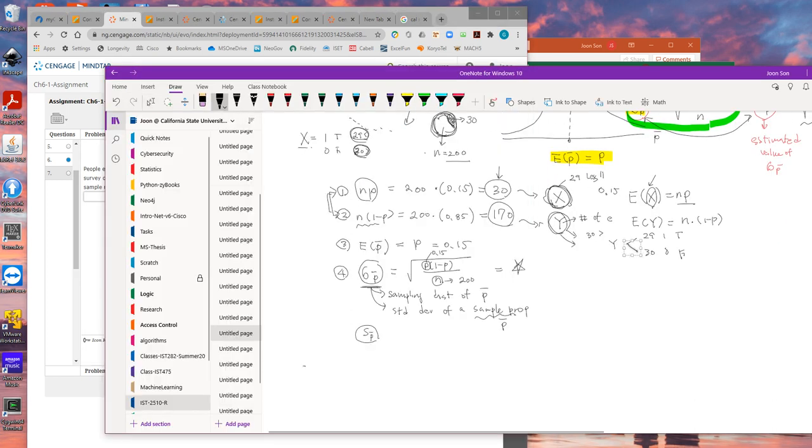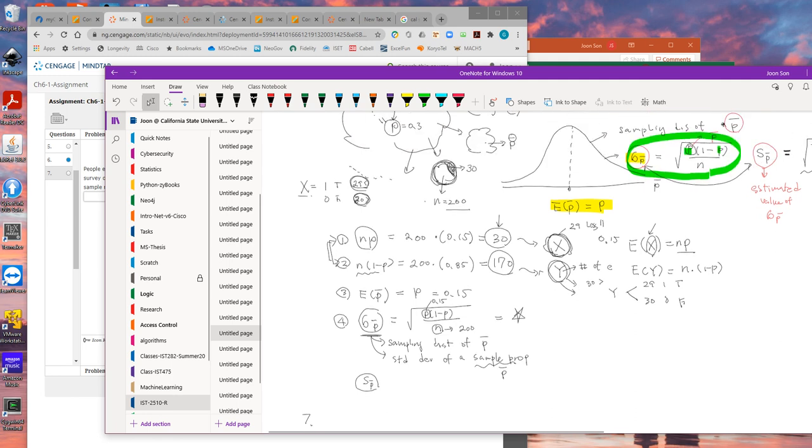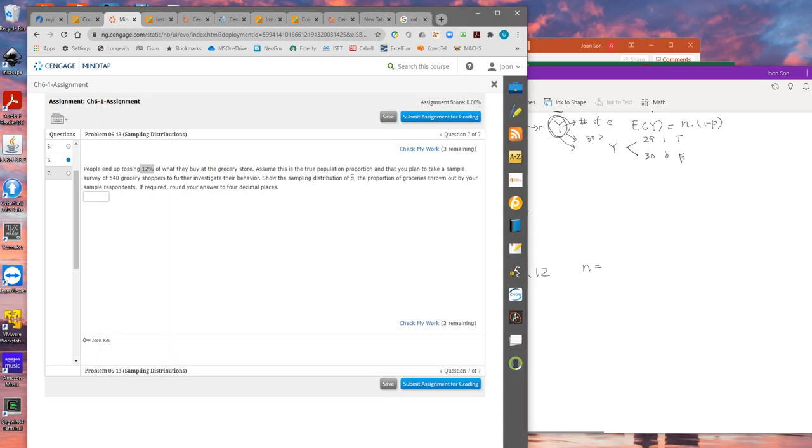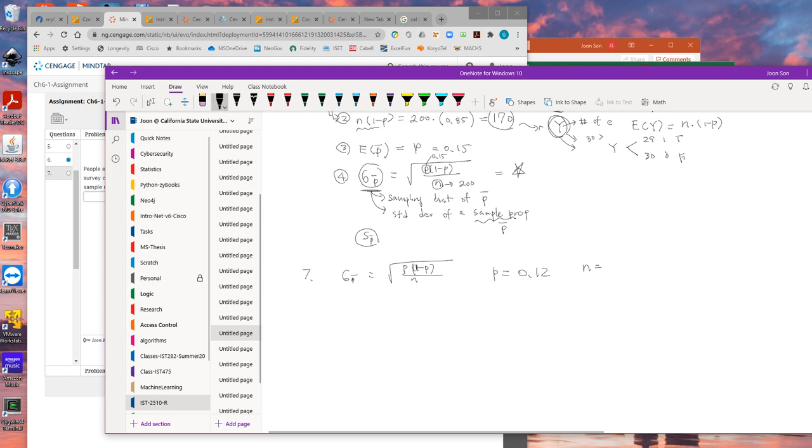If you look at problem 7, they're asking you to find the sampling distribution of the p prime, which is this value. The sigma of p prime is the square root of P times 1 minus P over N. We know that the population proportion P is 0.12, and N in this case is 540.